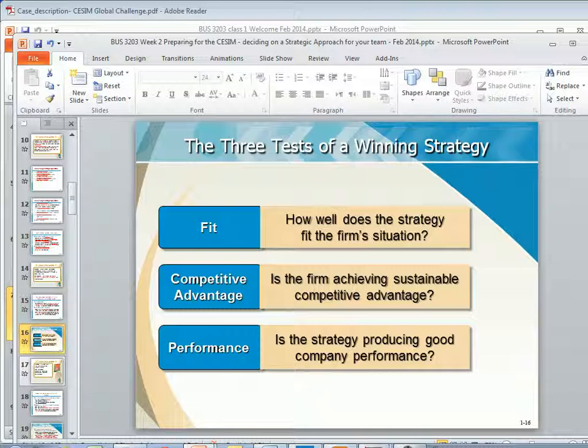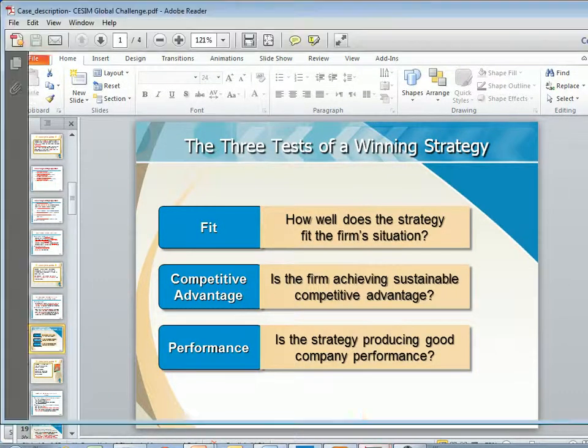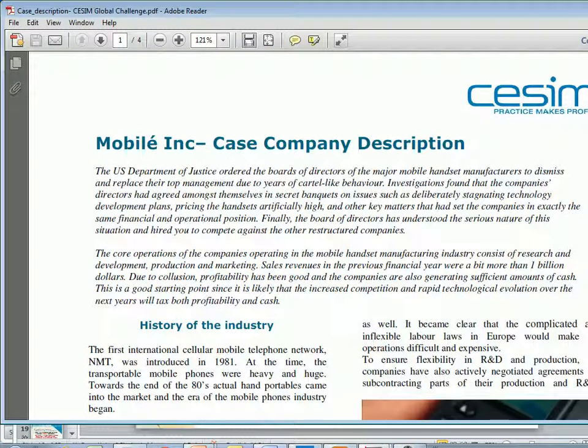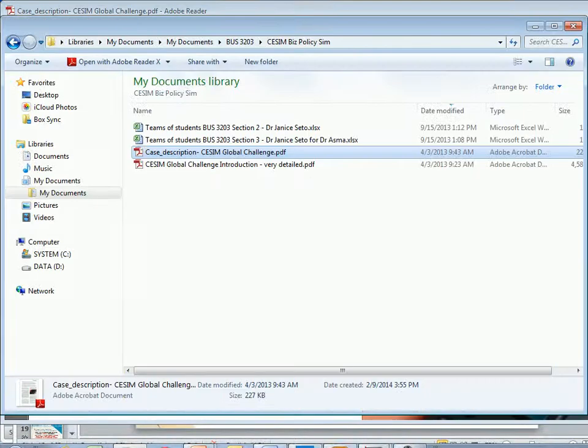Your strengths and weaknesses are what's internal to your company, your business, and then the opportunities and threats are the rivals, the environment that you're working in, and other factors that you probably haven't had a chance to consider in an international business environment, because for many of you, this is the first introduction to operating in a business environment. So let's go to the readings, just a quick reminder.